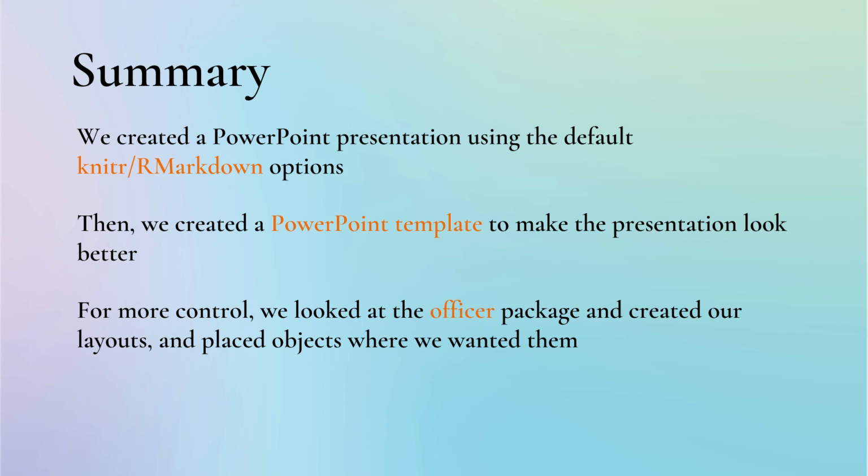Therefore, we created a PowerPoint template to make the presentation look better, and it did. But for more control, we looked at the officer package and created our own layout and placed objects where we wanted them. I really hope this helps you when you're trying to create PowerPoint presentations using R and R Markdown.